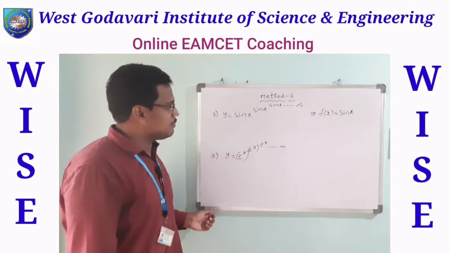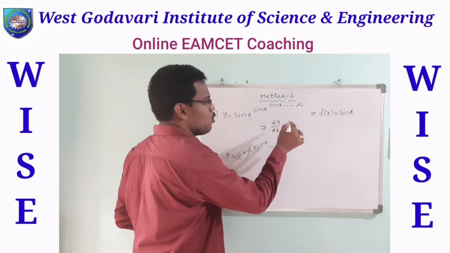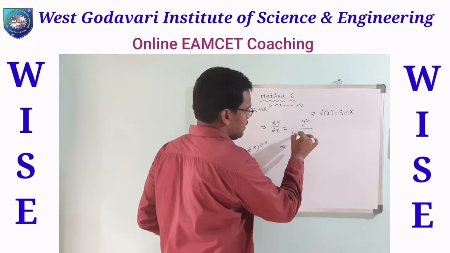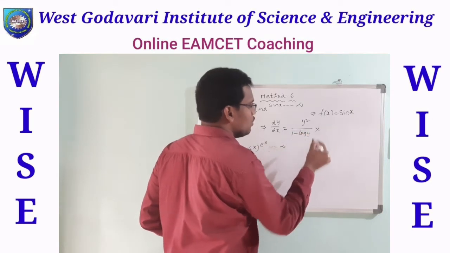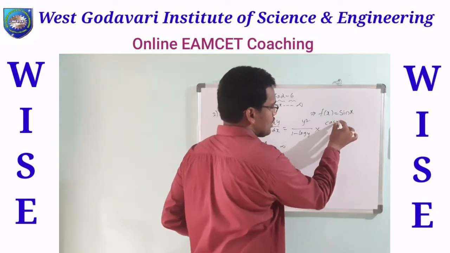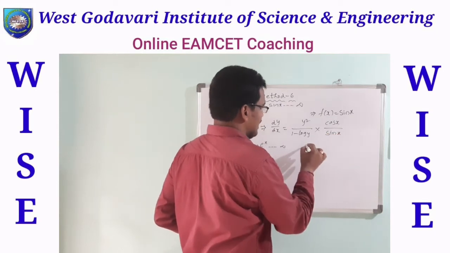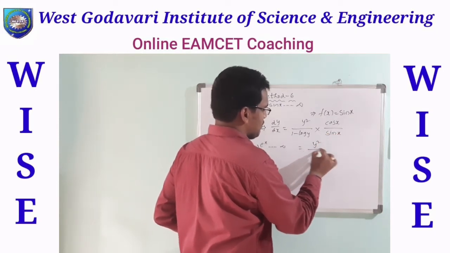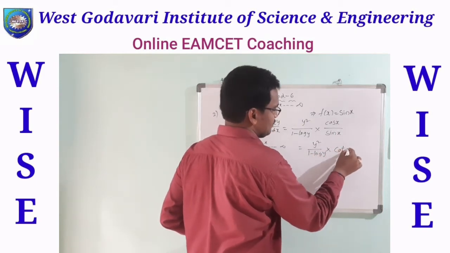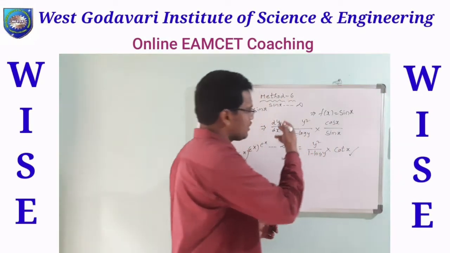Then the shortcut method is dy by dx is equal to y square by 1 minus log y into f dash of x by f of x. Here f of x is sin x, then f dash of x is cos x. So that is equal to y square by 1 minus log y into cos x by sin x, which is cot x or 1 by tan x. So this is the answer for this question.